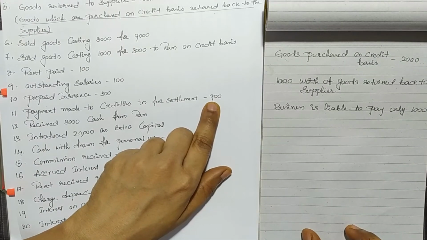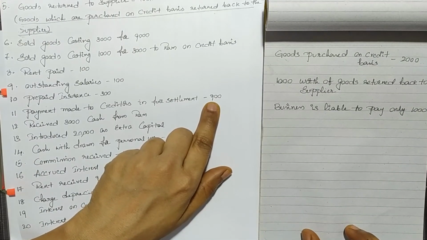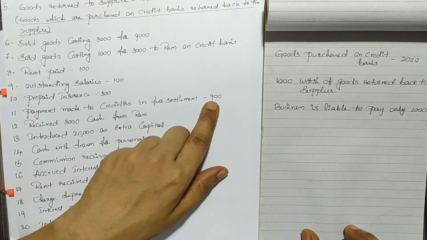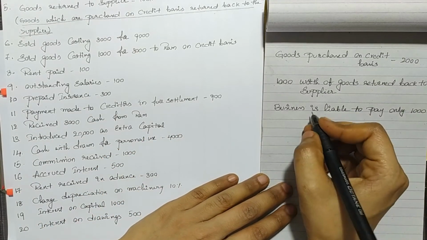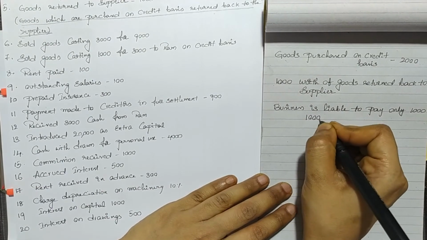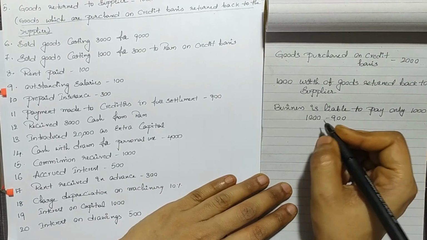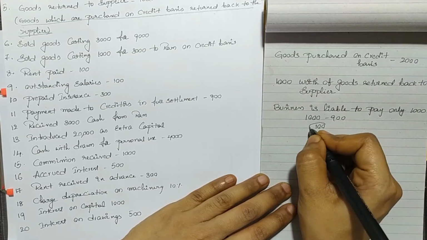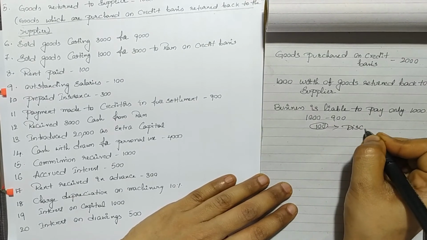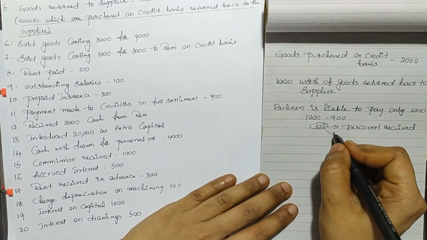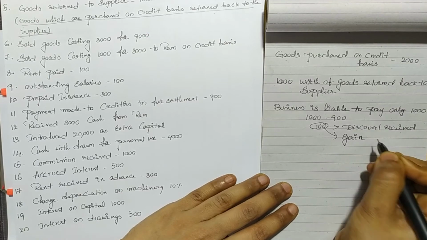Here in the problem it says payment made to creditors in full settlement of 900. We are supposed to pay 1,000 to our suppliers, but we have paid only 900. So 100 is a profit. Otherwise we can call it as discount received. Discount received is a gain or profit.